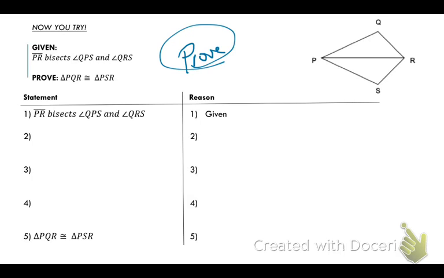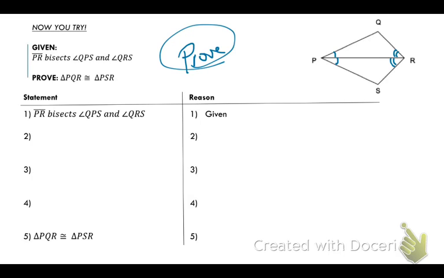I would like to write in blue everything I can prove. And they are telling me that side PR bisects angle QPS and angle QRS. Well, I can't really write down bisect on my diagram, but because I know that segment bisects those two angles, I can prove that angle QPR is congruent to angle SPR.